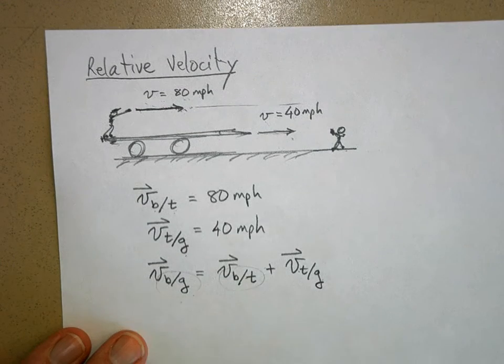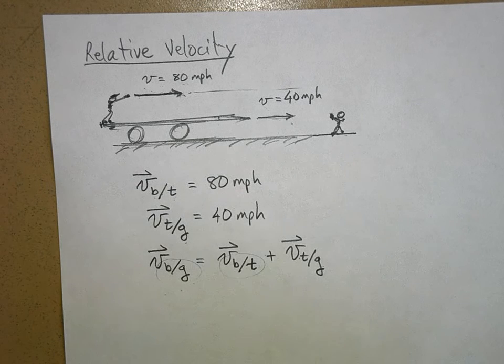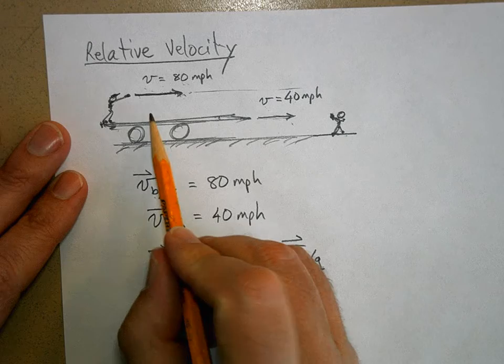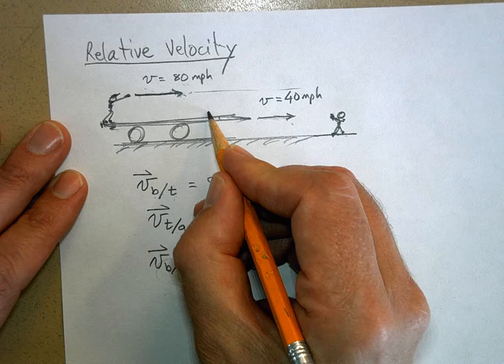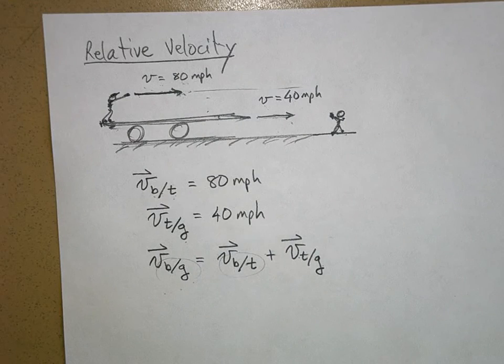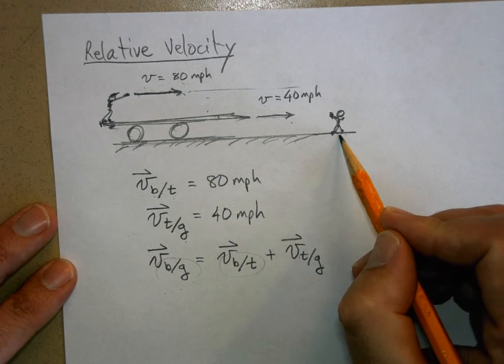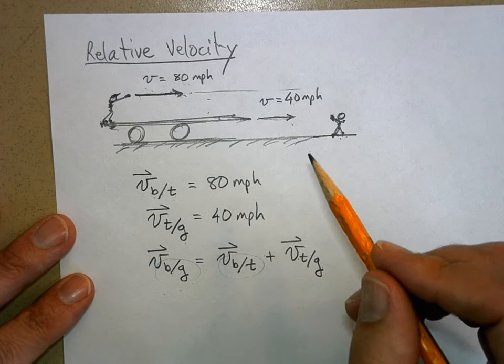Now here we're going to talk about reference frames. A reference frame is a coordinate system that you measure things with respect to. Here we have a coordinate system on the train. You could have an observer sitting here on the train making measurements of position, velocity, and acceleration, or you can have an observer here on the ground making observations of position, velocity, and acceleration.